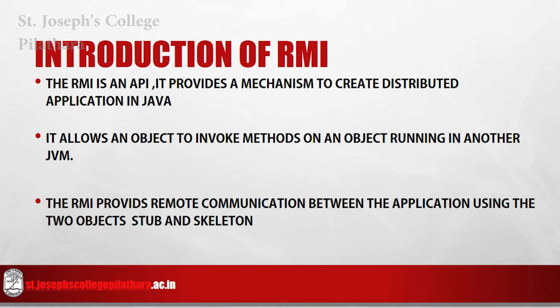We know that we have a friend or a close friend who shares something from our secret cell. Like that, computer technology uses an interface. So the first point is RMI is an API.